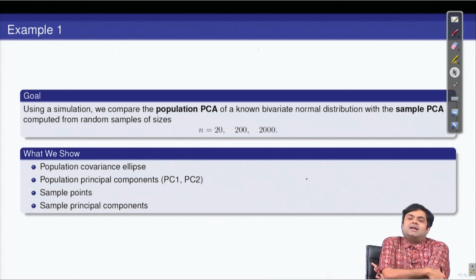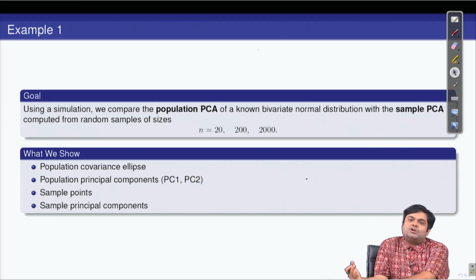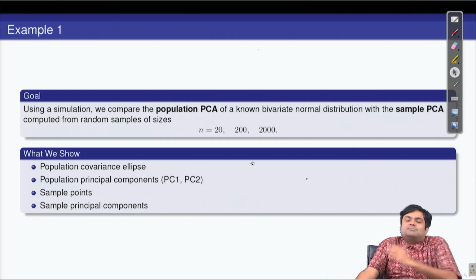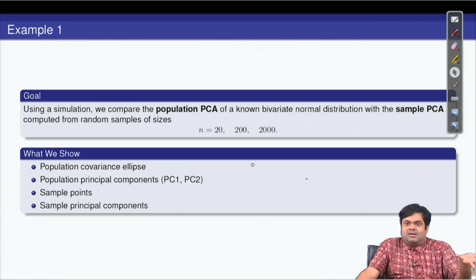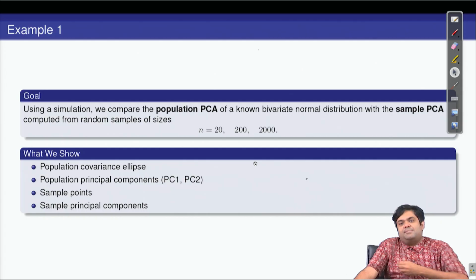We see that as the sample size increases in this example, the sample PCAs tend to become very similar to the population PCAs. Of course, here we know the population and we know what the population PCAs are. We are using this known population scenario just to demonstrate what happens in the case of the sample.